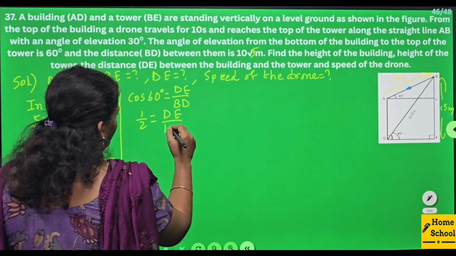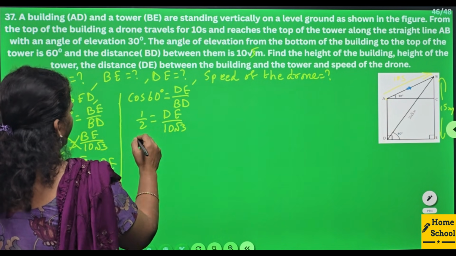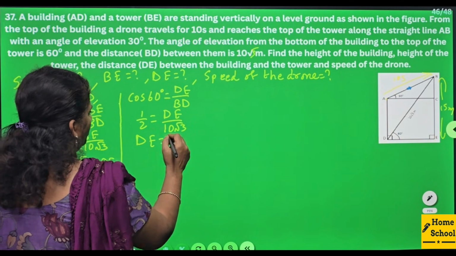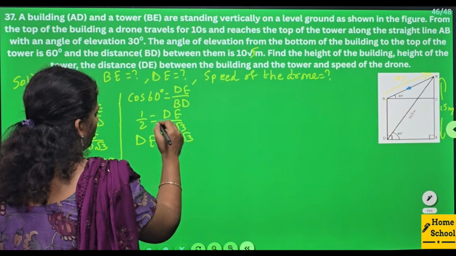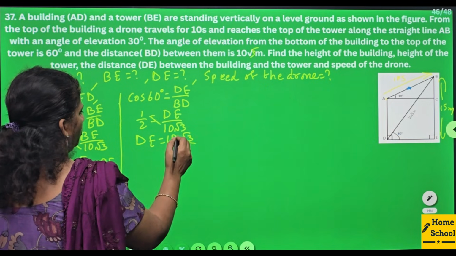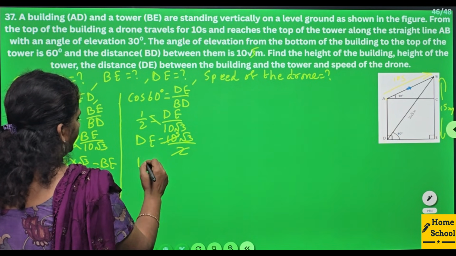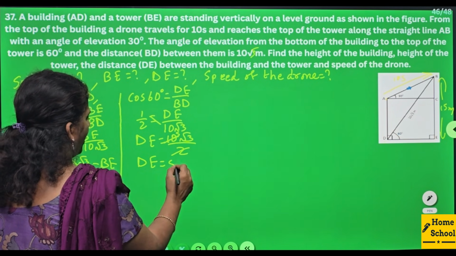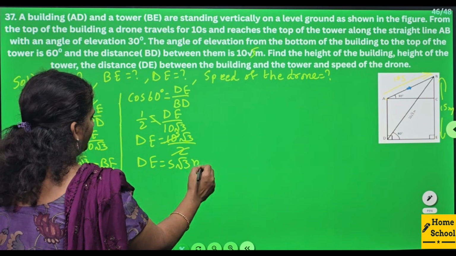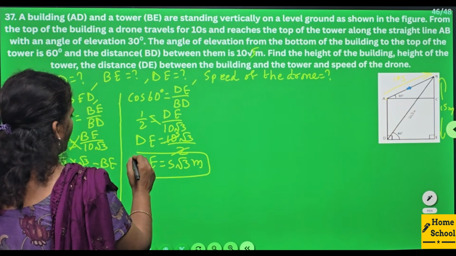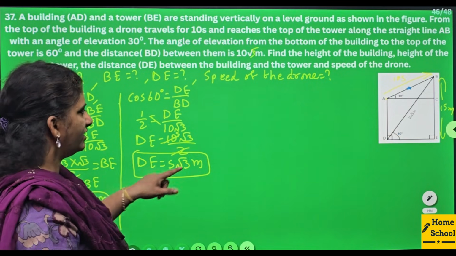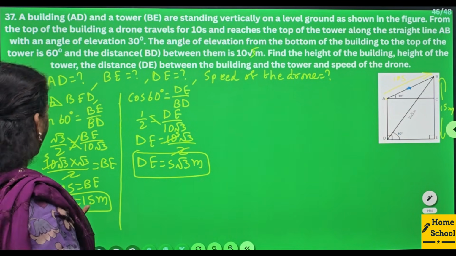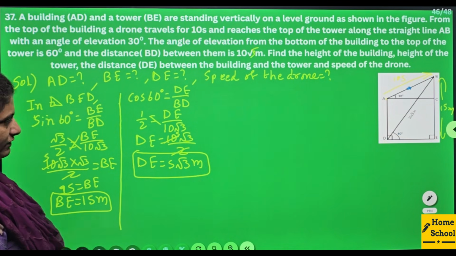BD is 10 root 3. DE is equal to 10 root 3 by 2. Cross multiply. 2 fives are 10. DE is equal to 5 root 3 meters. This is one of your questions, the distance between the building and the tower, and this is the height of the tower.